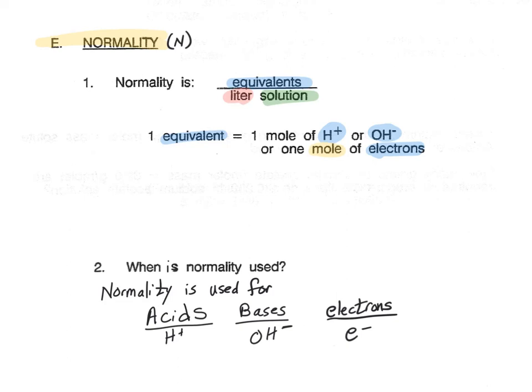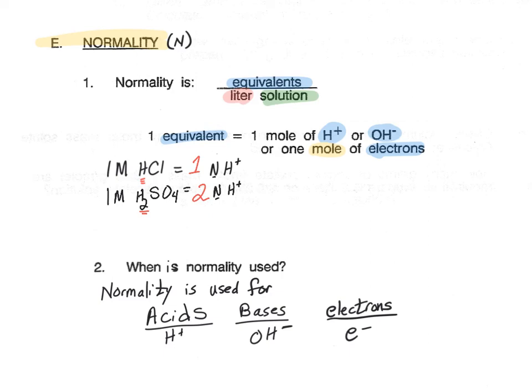So let's look a little bit closer at normality. Again, you will not need to do these calculations. If I have a 1 molar hydrogen chloride solution, that would be the same as a 1 normal hydrogen chloride solution. But if I have a 1 molar sulfuric acid, H2SO4 solution, then I would have something that is 2 normal in hydrogen ion.